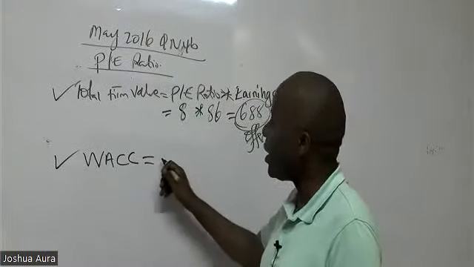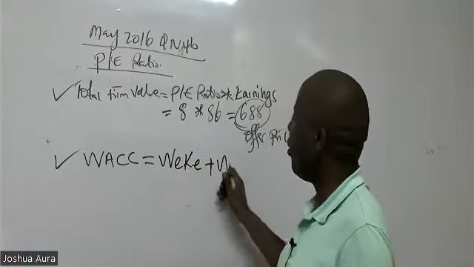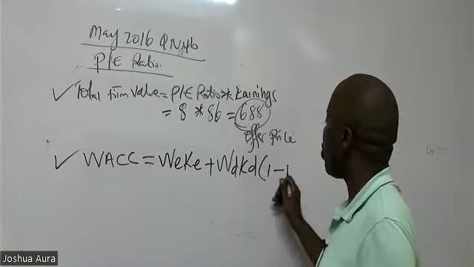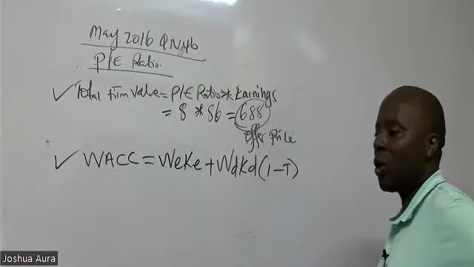So on this WACC, we normally take weight of equity times cost of equity, plus weight of debt times cost of debt. But remember that cost of debt is tax allowable, so for cost of debt, you must always subtract tax.